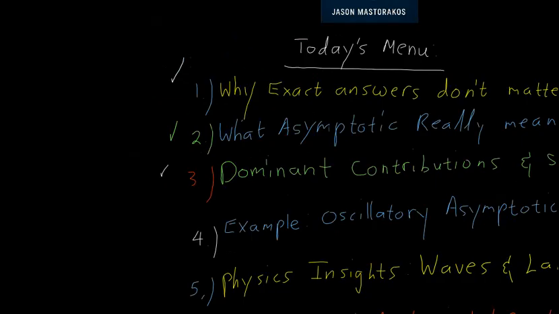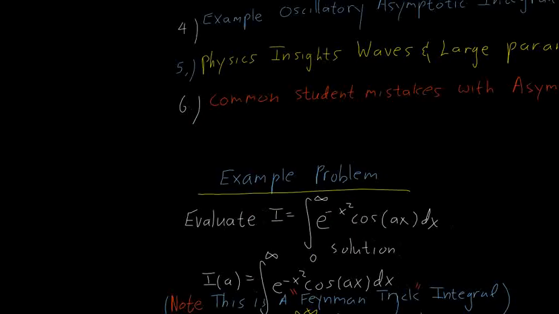Possibly scaling in large parameters. We're going to be looking at an integral that has to do with a large parameter. I'm going to get to this soon. I want you guys to see it. But we're going to be looking at something that requires us to sort of get into it.